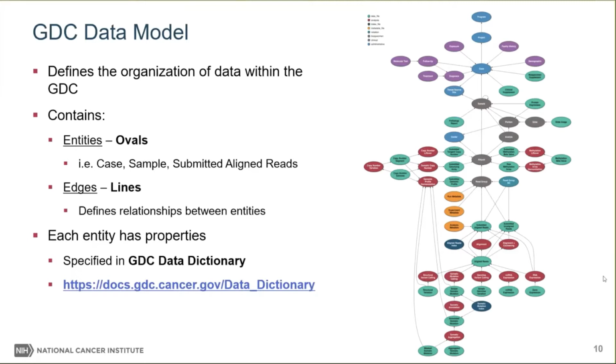Each of these entities has different properties, and these are specified in the GDC Data Dictionary. We have a link here that'll bring you to it, and that shows all of the different fields, properties, and the necessary criteria to fill out each of these fields when you want to submit one of these entities. Next slide.